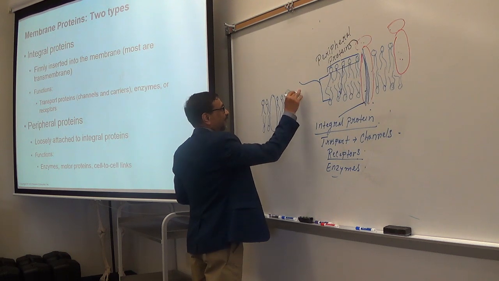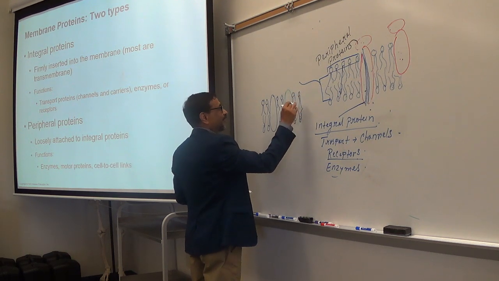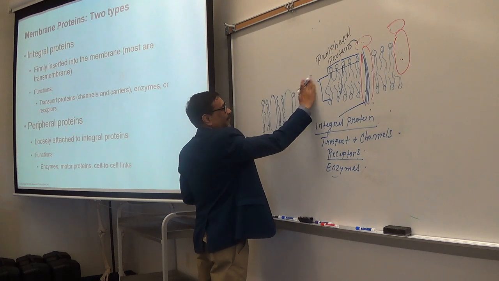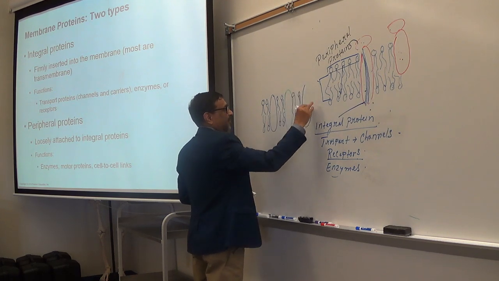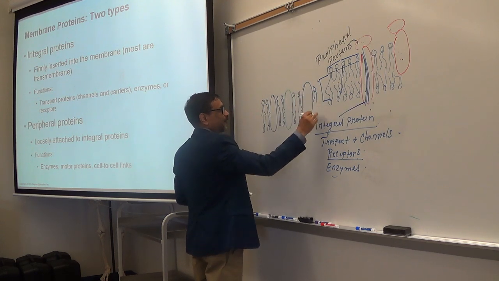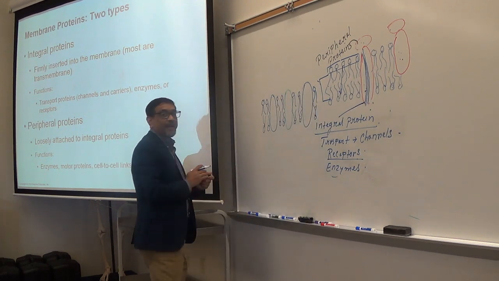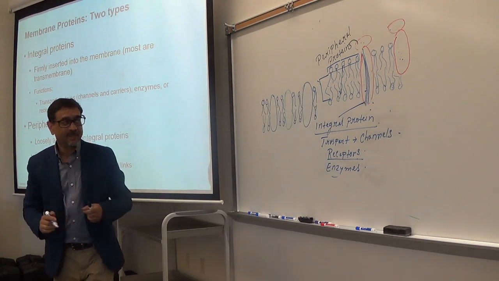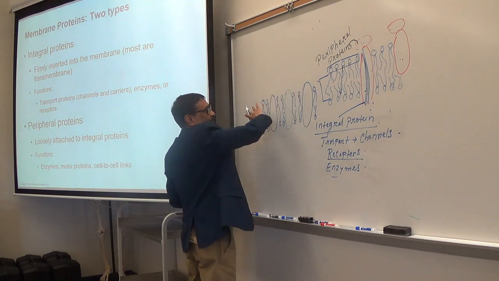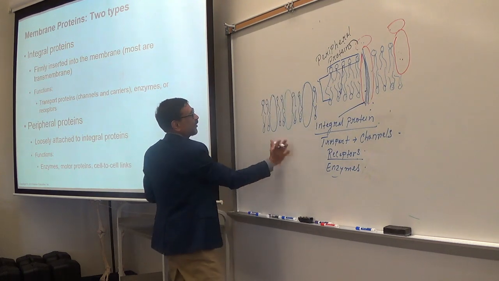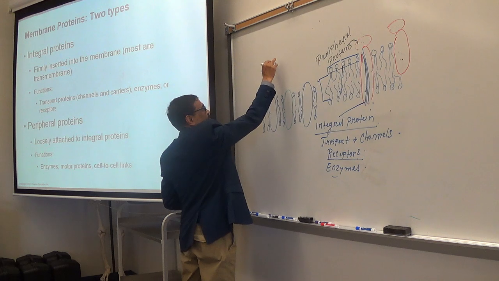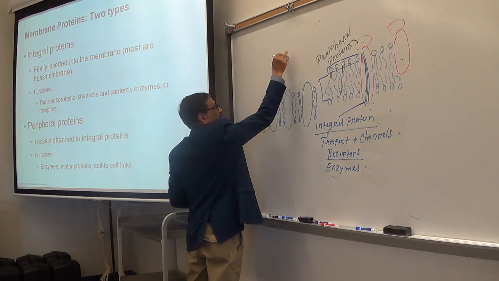Phospholipid. And another integral protein here. So three integral proteins here can act as receptors. What is that? This is the outer surface of the cell membrane. Okay, this is inside. So this is outside of the cell.